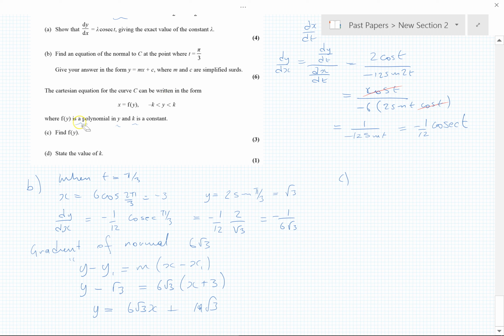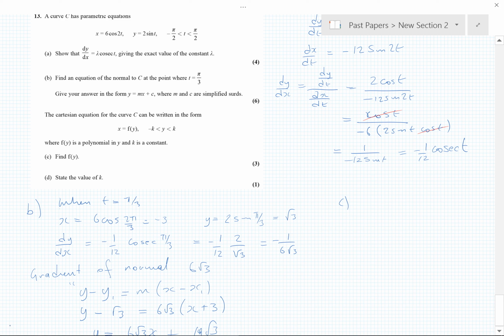Find f of y and state the range. Okay. So normally with this kind of thing, we're using identities. We want to basically shove the value of y into here, and we can see that immediately x is equal to 6 cos 2t. If I express that in terms of sine, it will be much easier.